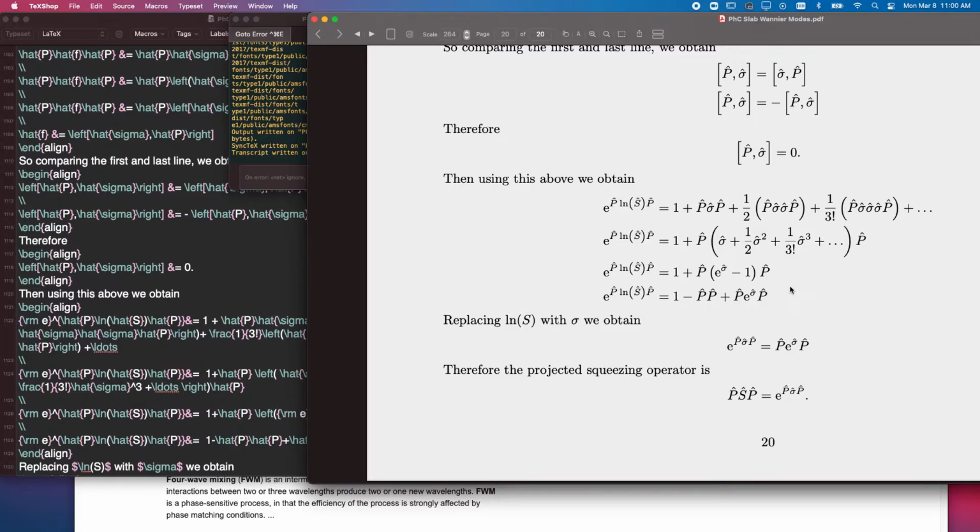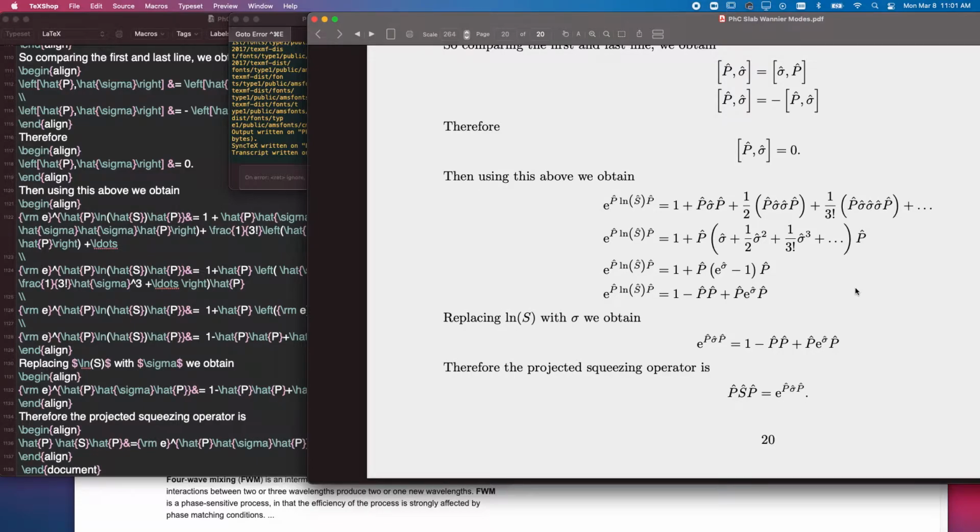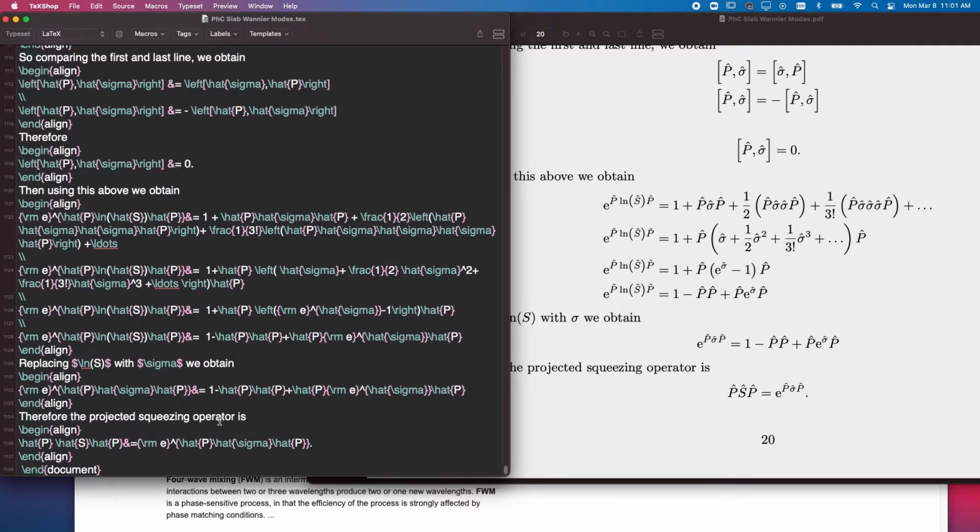All right. So this is the thing that we want. Right. Okay, and then this is PSP.